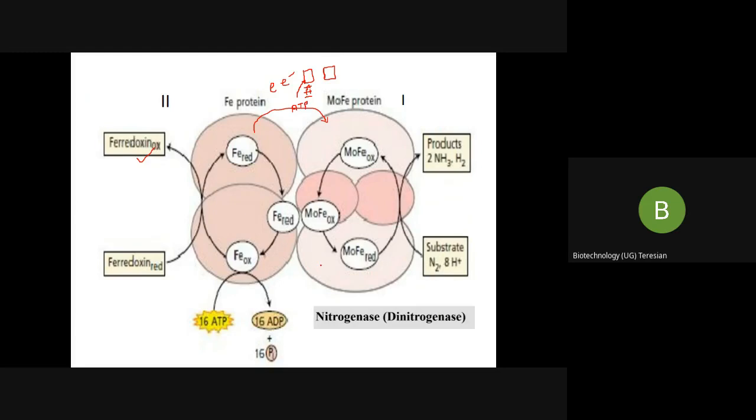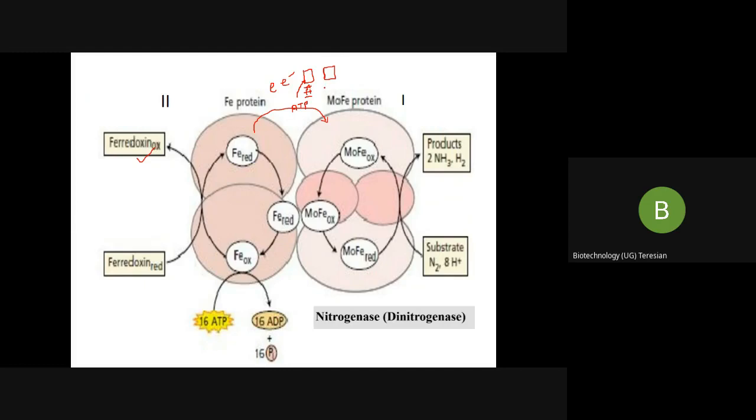And this step is repeated several times before the molecule of nitrogen can bind to the electrons from the iron molybdenum cofactor. Then once this happens, again they will start to dissociate. They will become like this.